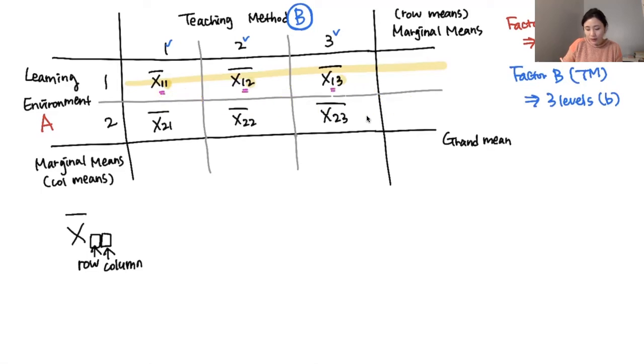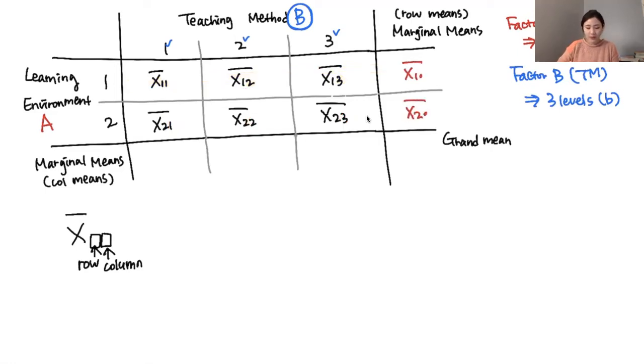So we write x1 dot bar, because we keep 1 in the first number and the column number keeps changing. For my second row, we have 2 in the first number, however 1, 2, 3, the column number, is different. So we call x2 dot bar my row means.